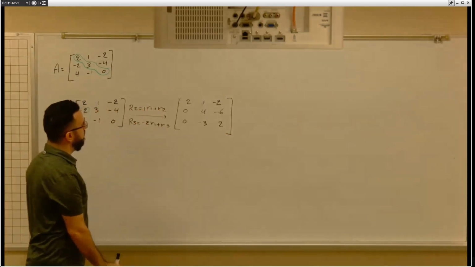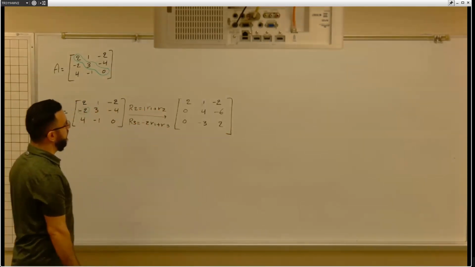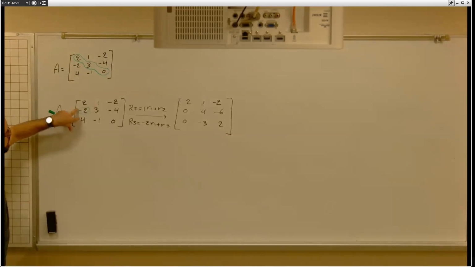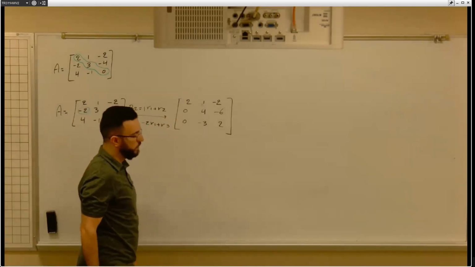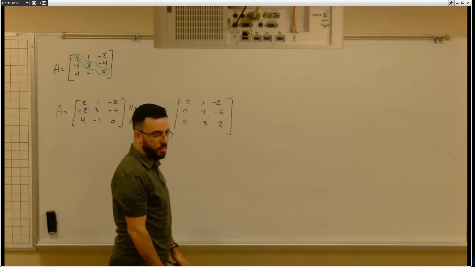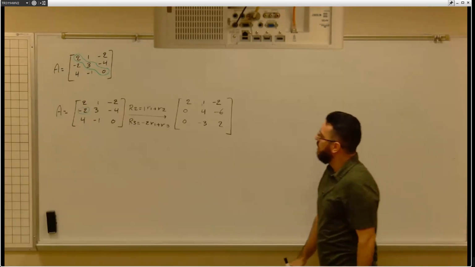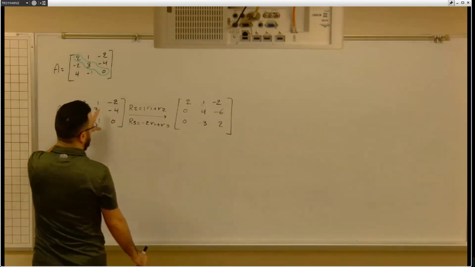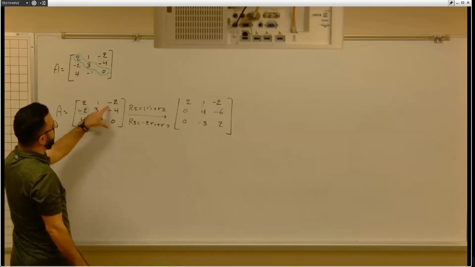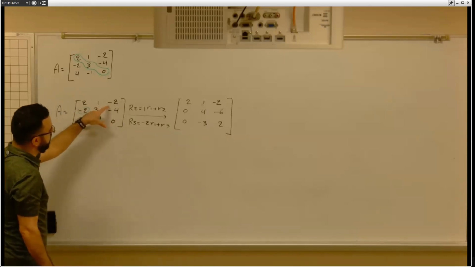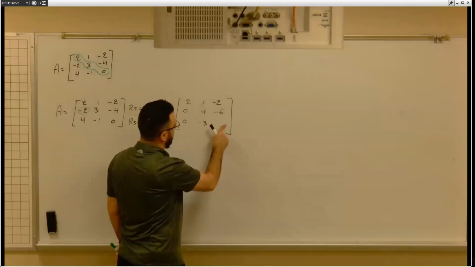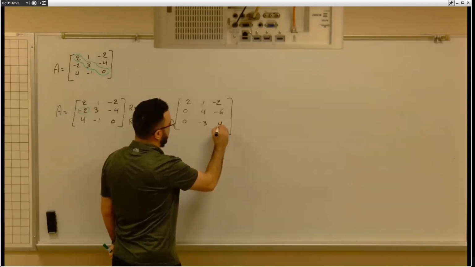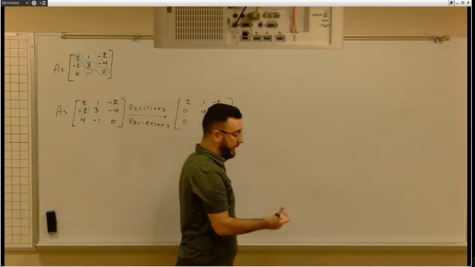I'm done with the first 2 elements here. Now convert the remaining element to 0. We multiply by -2. -2 times -2 is going to be 4, plus 0 is 4. So you have to be careful with numbers.